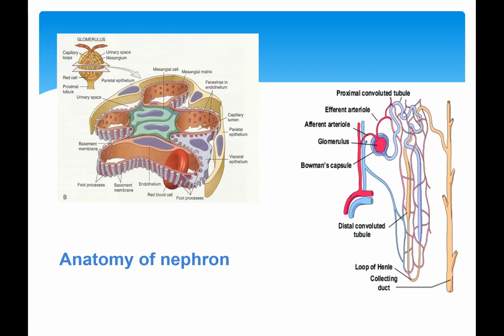So, let's try to recall. Again, capillaries lined by endothelial cells. Next to it would be your glomerular basement membrane, consisting mostly of collagen, particularly type 4. Then you have the epithelial side, or your podocytes. It is also where you will see your foot processes.